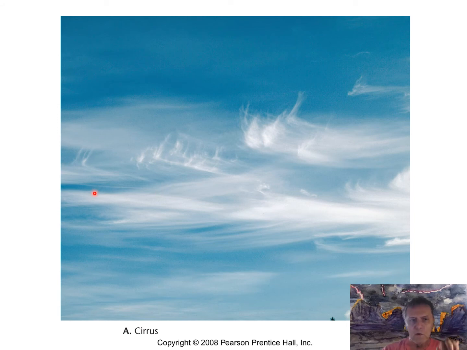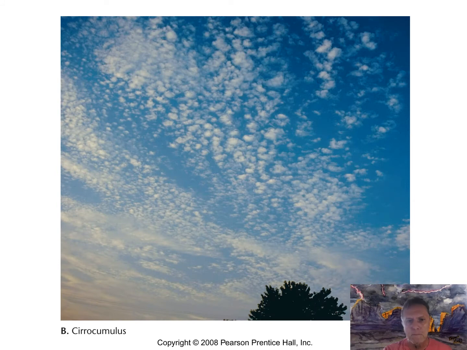We have the pure cirrus clouds, which are very high, typically wispy looking clouds, sometimes called mare's tail clouds, because they kind of look like a white horse's tail. High altitude clouds, fair weather typically. Cirrocumulus, cumulus is puffy cloud, and they're up at a high elevation as well.